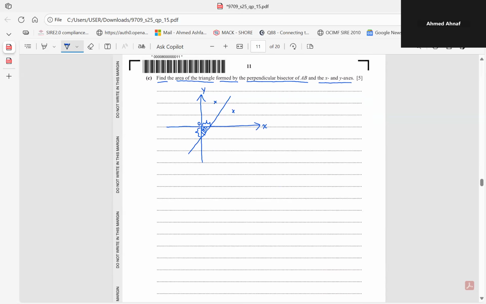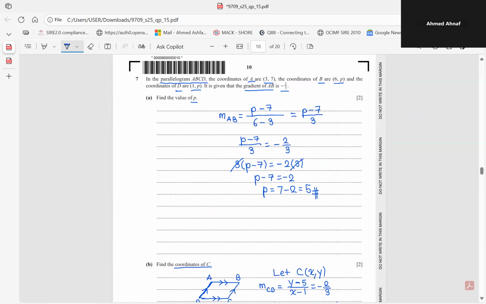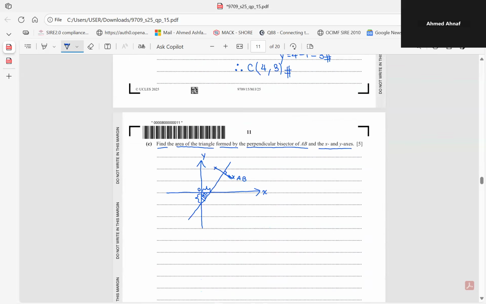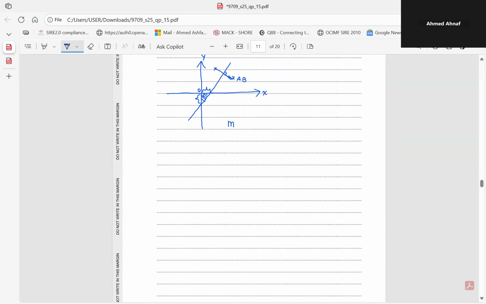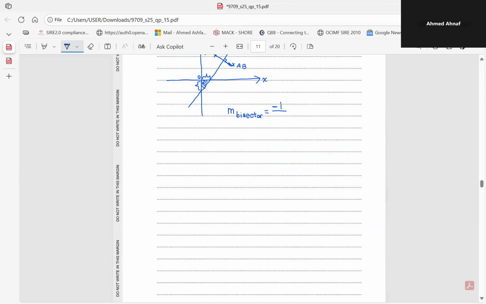Okay, so as you know, this is AB, and the perpendicular bisector is obviously perpendicular to AB. So to find the gradient of the bisector, you just do -1 divided by the gradient of AB, which is -2/3.